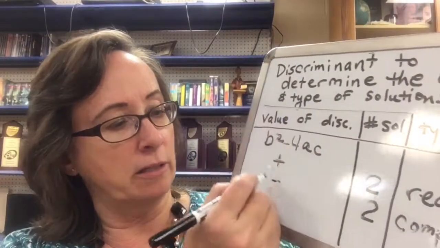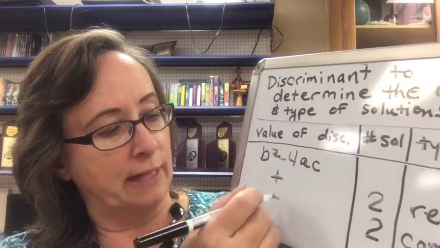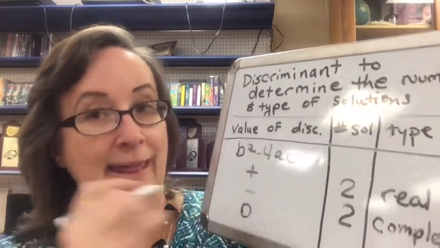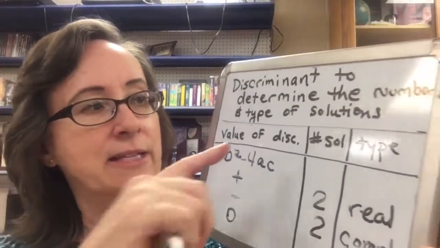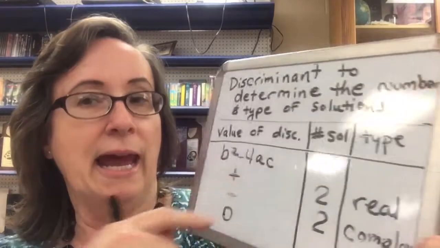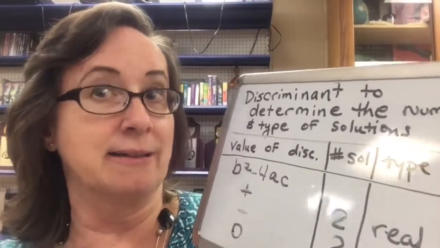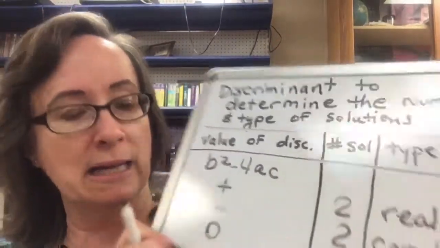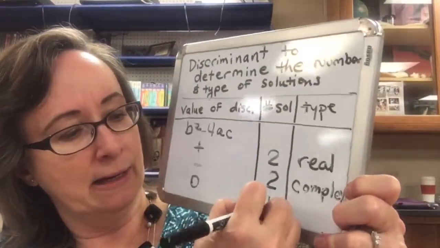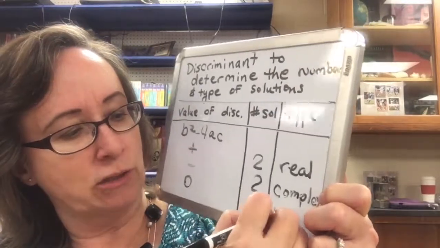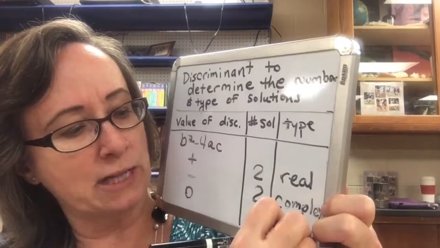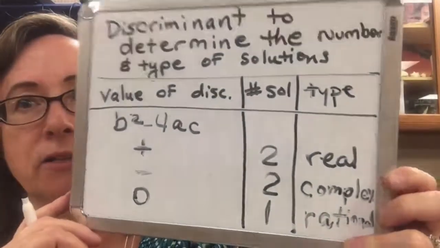If the part that is under the radical, the discriminant, is 0, then this whole thing would go to 0, and we would have plus or minus 0, because the square root of 0 is 0, and we would end up with just one rational solution. One rational. Now, of course, if it's rational, it's also real.